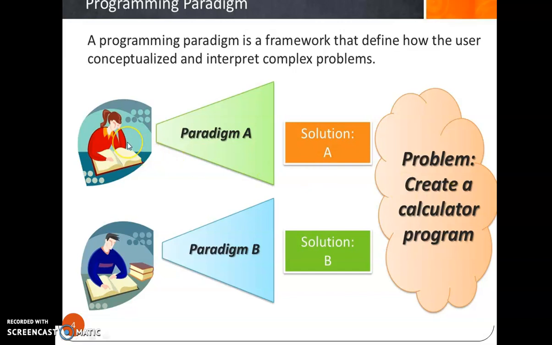User A will arrive at the solution for the given problem in his or her own way. User B will arrive at the same solution in a different manner. So it differs from user to user, or from paradigm to paradigm. So this paradigm led the way for writing the programming language.